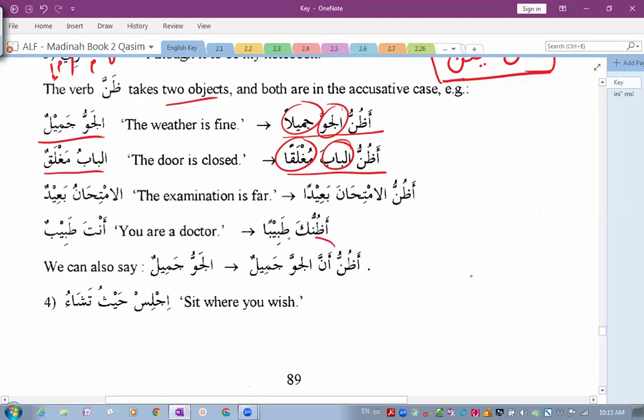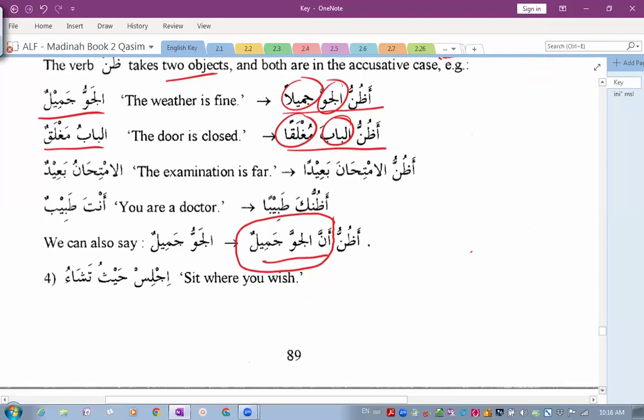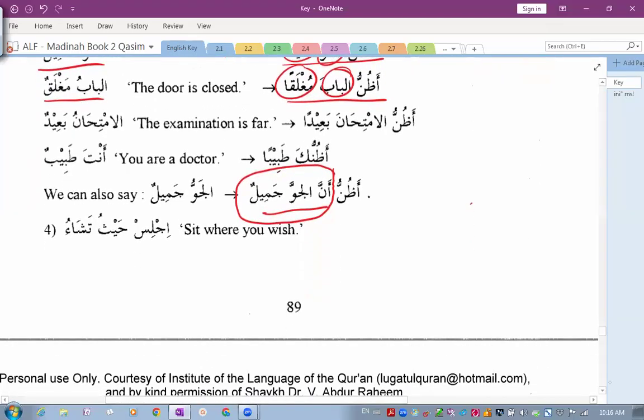Now, in this case, this whole sentence is coming in place of two mafulun bihi. So we say this jumla ismiya annal jawwa jamilun is coming as a sadda musadda maf'ulaini. Last time we talked about it. If you remember, it is good. If not, a big deal, inshallah, we will do it many times again.